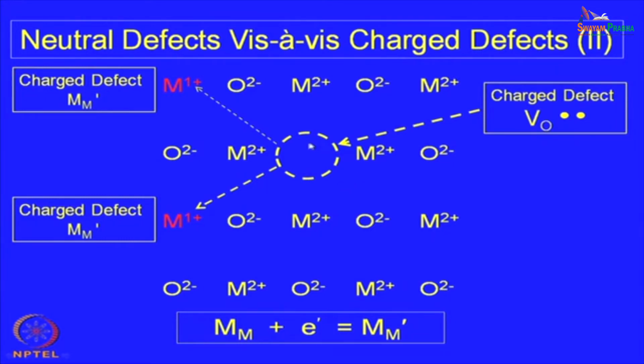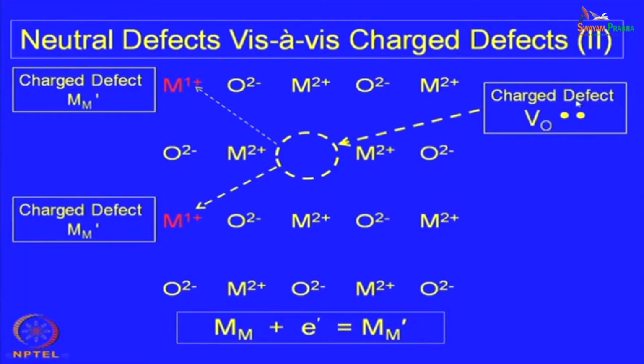It was having two negative charges in the form of an oxygen ion, and that negative charge has left that site. So, so far as this site is concerned, it is effectively positively charged, double positive charge, and since it is not the actual charge, it is really not 2 plus, it is the deficiency, just like holes in semiconductor physics.